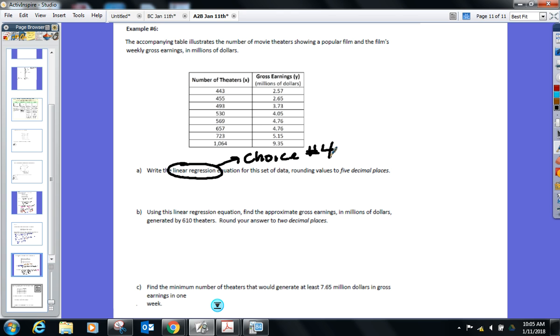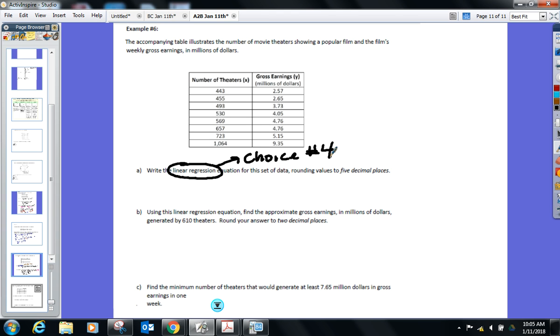Again, I'm going to go right up to the bell here. So choice 4. And sorry about the rounding directions on this one. I'm sorry, Matt. 5 decimals, yes.